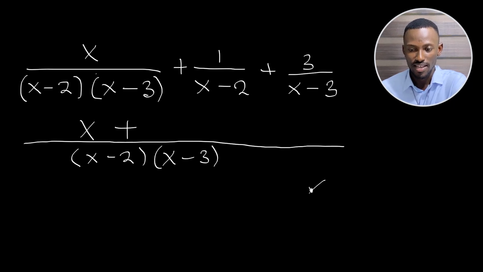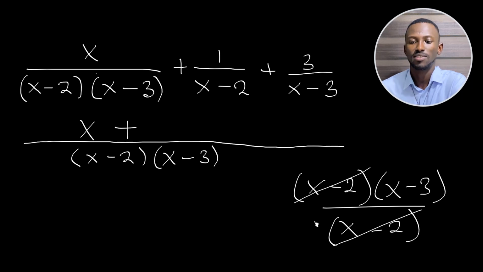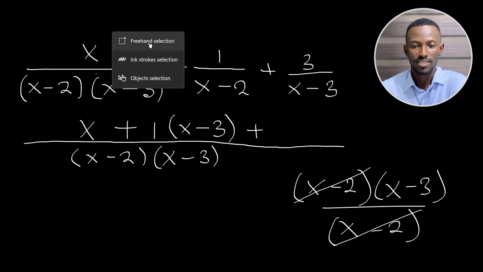If you pick the LCM, or divided by x minus 2, you would realize that this x minus 2 will take care of this x minus 2, leaving us x minus 3. So that means we'll pick this one times x minus 3, then plus. So we are done with that.